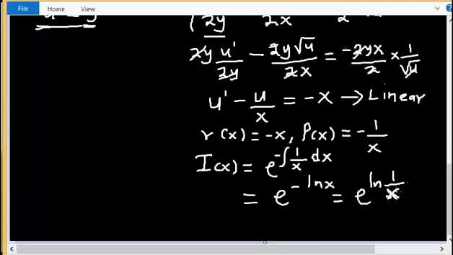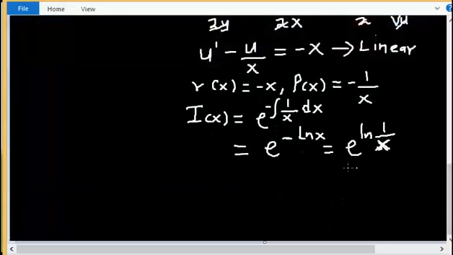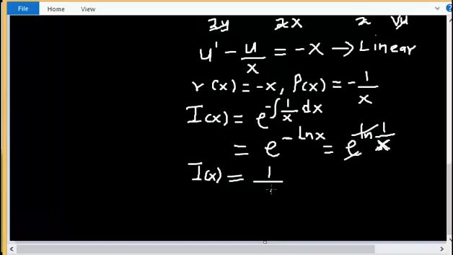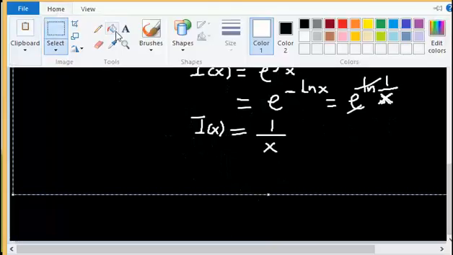I've shown you, I've done this before, because of the minus 1 as the coefficient of the ln. Okay, so let's proceed. Here we go. So you know very well that exponent cancels ln, so invariably now my integrating factor, I of x, is going to be equal to 1 all over x. Okay, proceeding, let's conclude this so I can now get my solution.